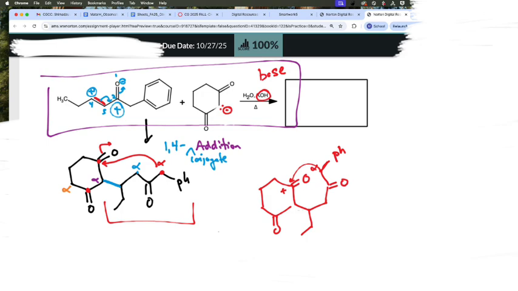But because of how we chose to draw the product of the 1,4 addition, we have hidden the ability to do this step of the reaction, which would be an intramolecular addition. Okay? And it's that step that becomes kind of tricky and trips people up. Okay? And arguably, I would bet it was not seen by Robinson's group when they went through and did it.